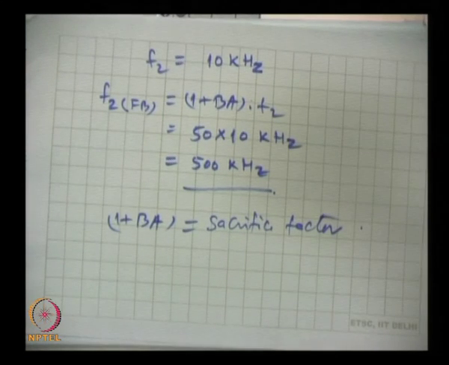In any feedback configuration, all quantities are always modified by the factor 1 plus BA. So, for feedback analysis, feedback design, and feedback performance, the value of 1 plus BA is very important. So, this was about feedback.